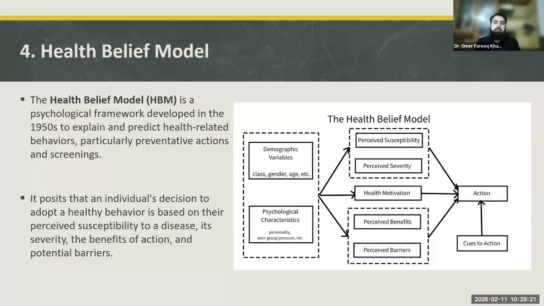So they get cues to action by all of these things combined, and then they act. They act by thinking that they can get this disease, and then they think that if they get this disease, that disease could be very severe, and that disease could damage their liver irreversibly. Now, when they start thinking about their liver and they get protective thoughts about protecting their liver, then there is health motivation.